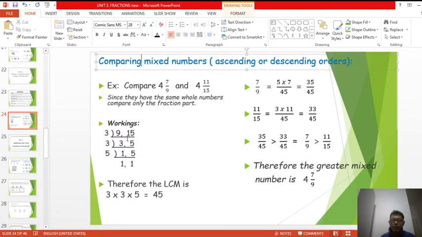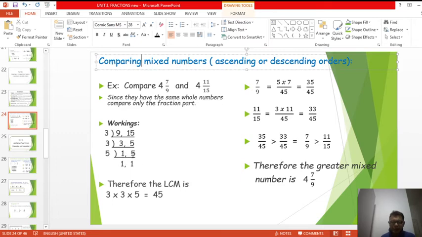Here I choose 3, so 9 divided by 3 is 3, 15 divided by 3 is 5. Then I continue with 3: 3 divided by 3 is 1, 5 divided by 3 you cannot do, so you copy it down. This one is already 1, you bring it down.